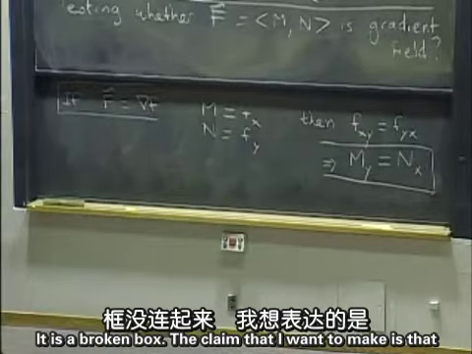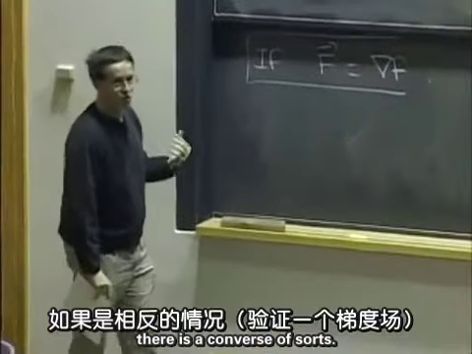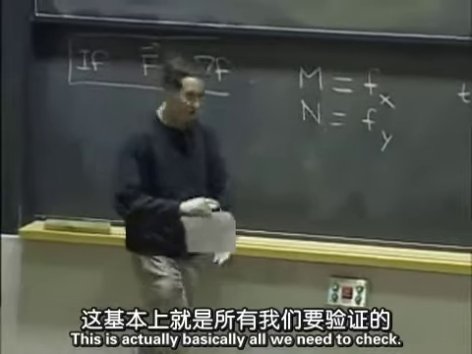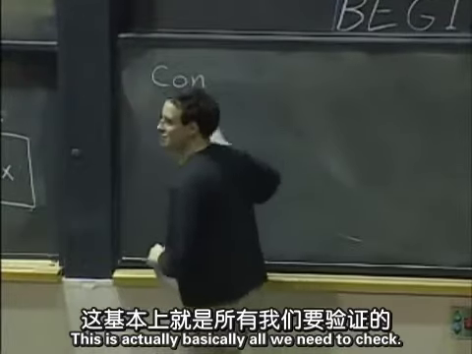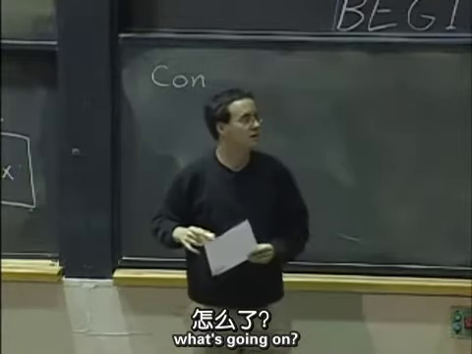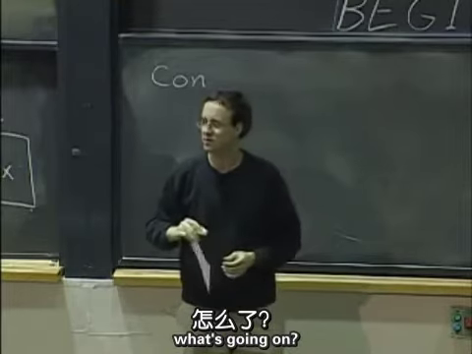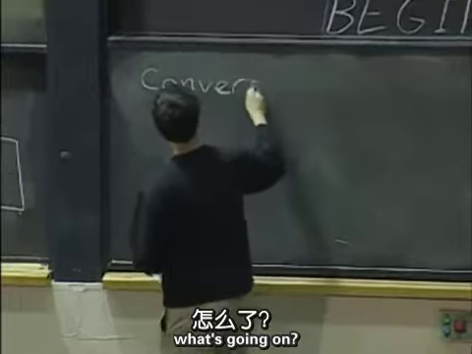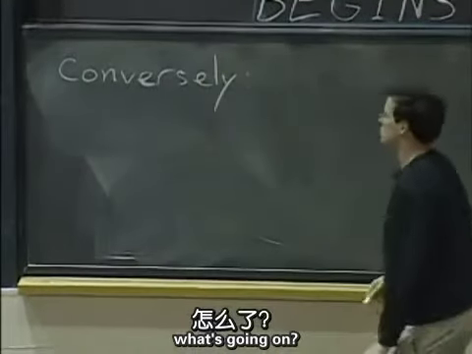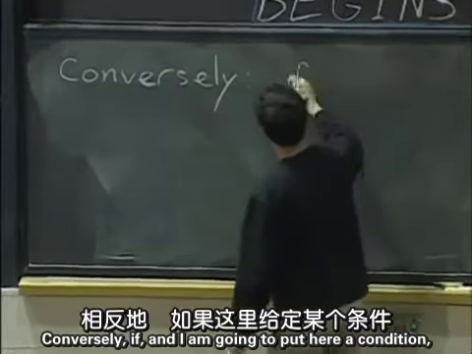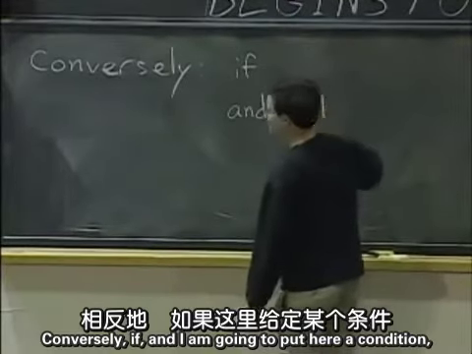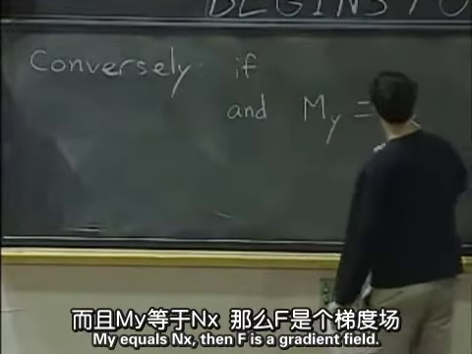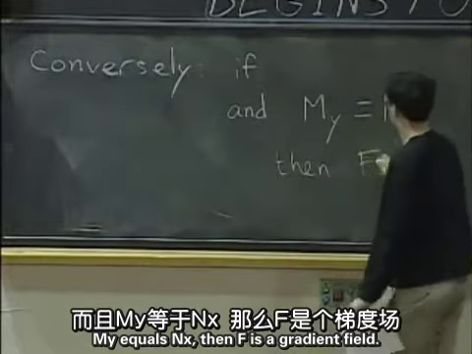It's a broken box, but okay. And so the claim that I want to make is that there's a converse of sorts. This is actually basically all we need to check. So conversely, if M sub y equals N sub x, then the field is a gradient field.